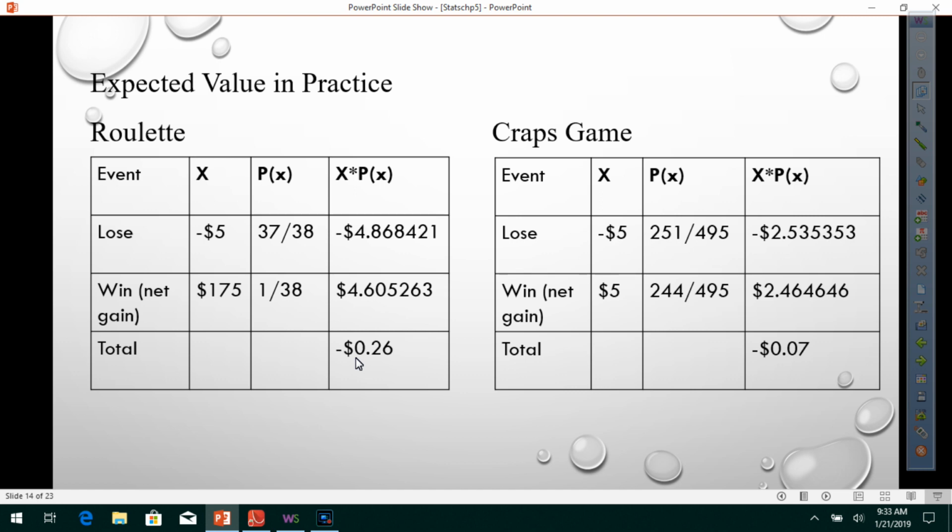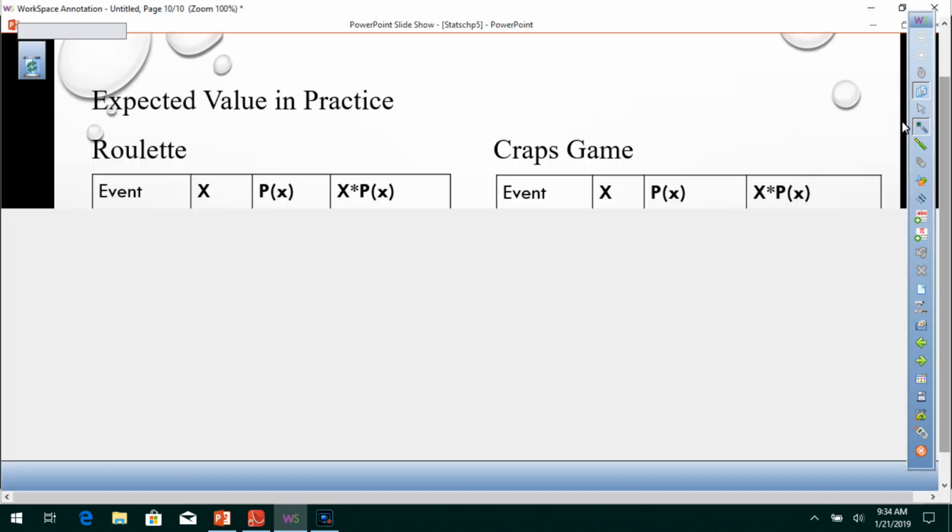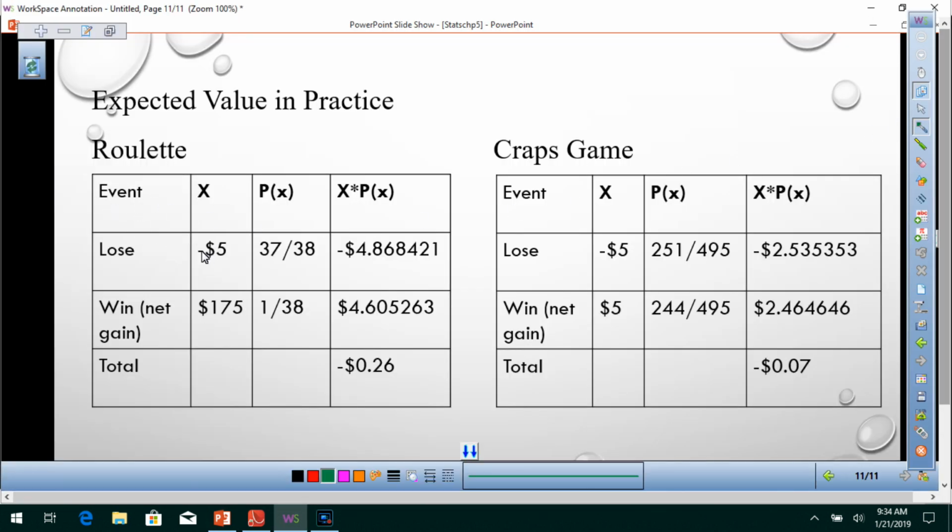So what I've done here is the expected value in practice. For roulette, if you lose, you lose $5. The probability of X is 37 out of 38, for negative $4.87. Craps: if you lose $5, the probability is 251 out of 495, so you supposedly lose negative $2.54.